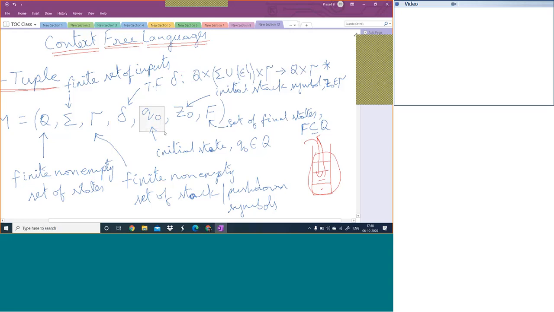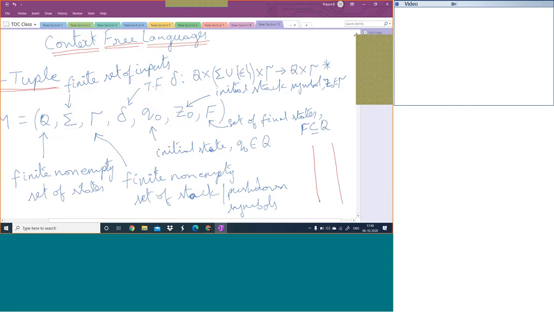And Q naught. Every finite automaton must have the initial state. Similarly, a PDA also must have the initial state, meaning it must start from that state. So Q naught I am taking as the initial state, and this is also one of the states from Q. And Z naught. What is the Z naught? I told you, in a PDA, the stack will be used as a memory.